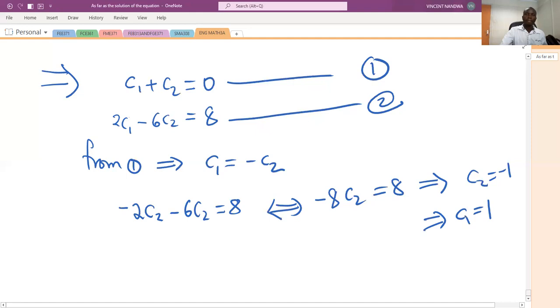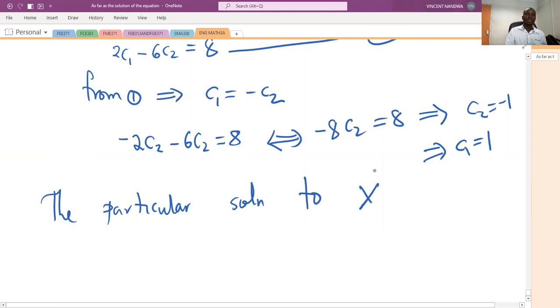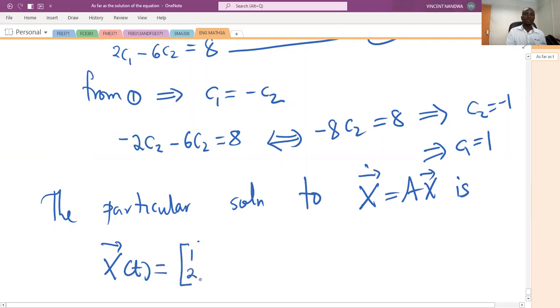So therefore, the particular solution to the equation x dot equals Ax is capital X of t. C1 is 1, so we just have 1 times 1, 2 e raised to the power 2t.